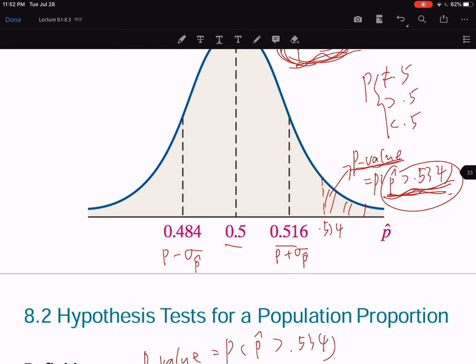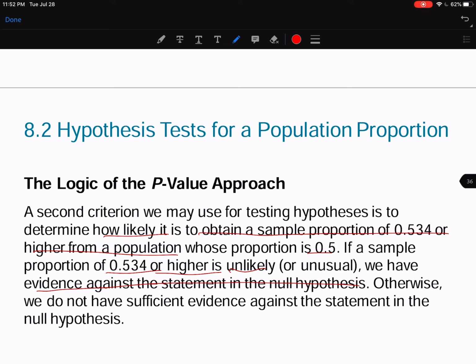So if the p-value is too low, that means it is unlikely or unusual that the sample we got here is drawn from a population with a population proportion of 0.5, and that's why we reject the null hypothesis. I wish that makes sense to you. And this graph is the same thing as what I just drew.